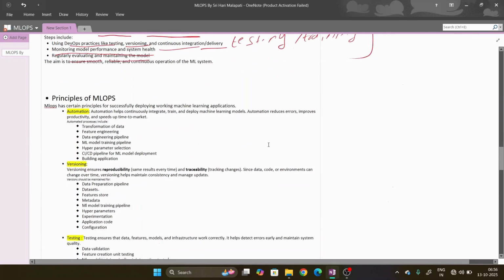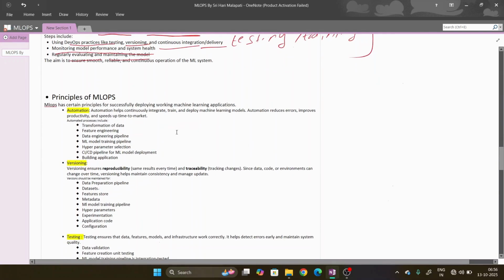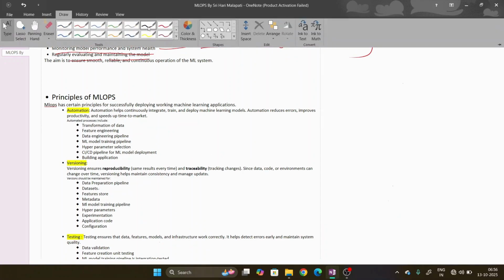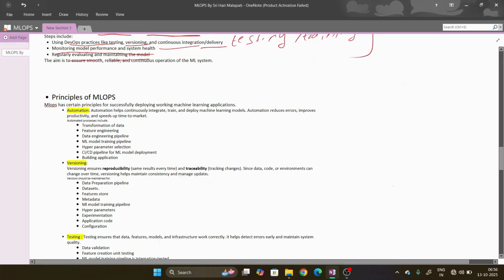And now the principles of MLOps. Final one is principles of MLOps. These principles of MLOps are divided into six types. First one is automation. Second one, versioning.